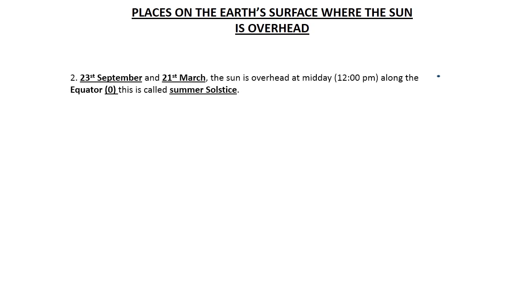Two, 23rd September and 21st March. The sun is overhead at midday, 12 p.m., along the equator, 0 degrees. On 23rd September and 21st March, the sun is overhead on the equator.